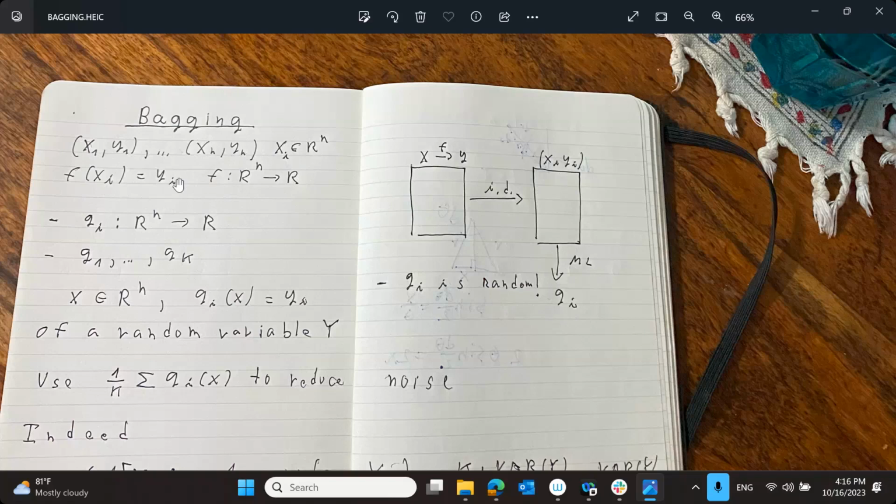And many times, if you look at phenomena that we are interested in, the function is deterministic, and that's a special case that many times applies in practice. But many times it's not the case.